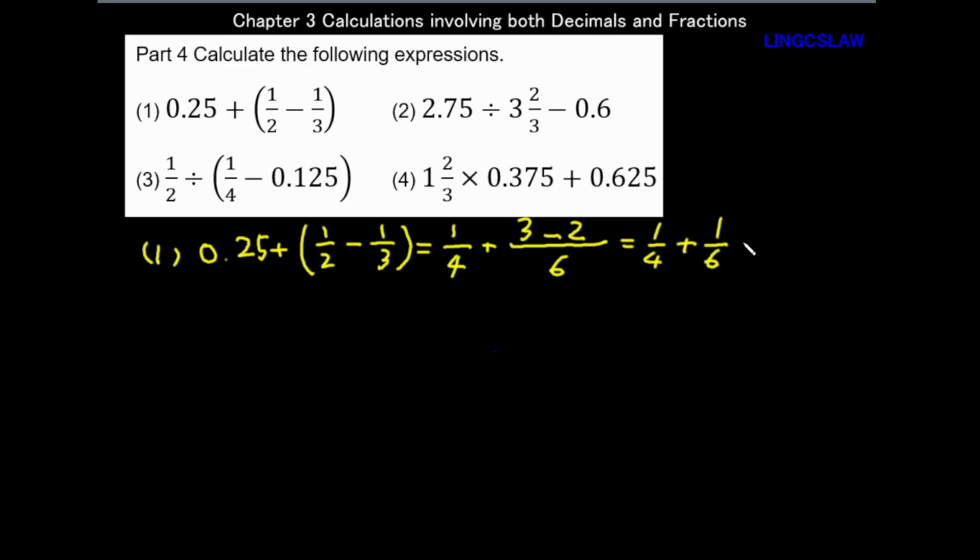So let's make the denominator common. 12. 4 times 3 is 12, so 3 plus 2 equals 5 over 12.